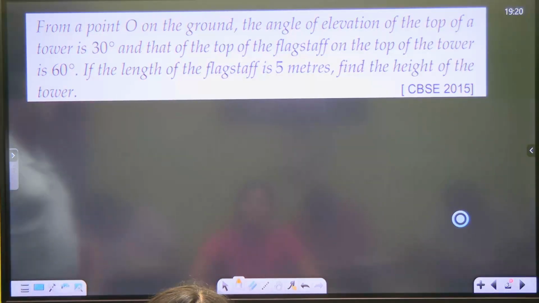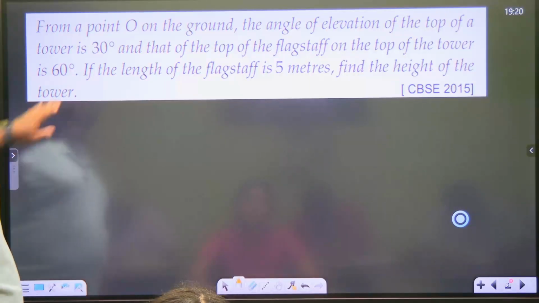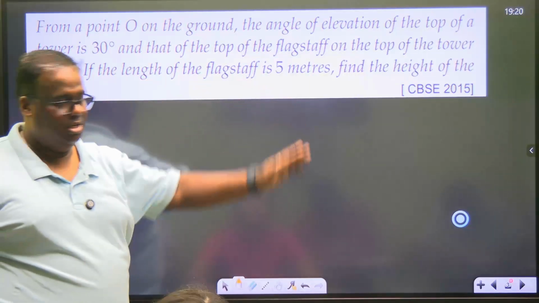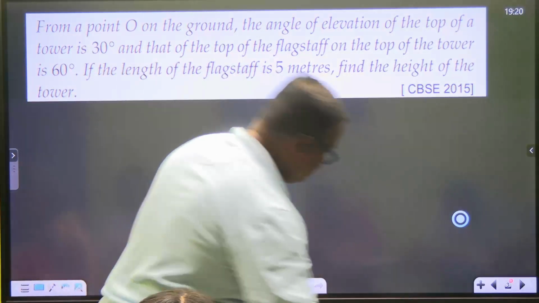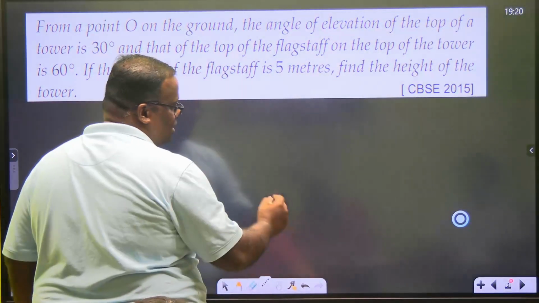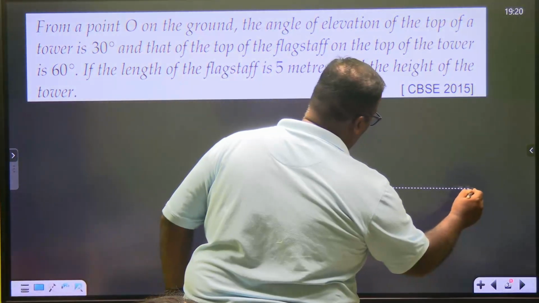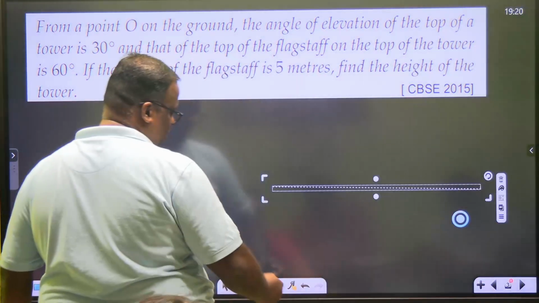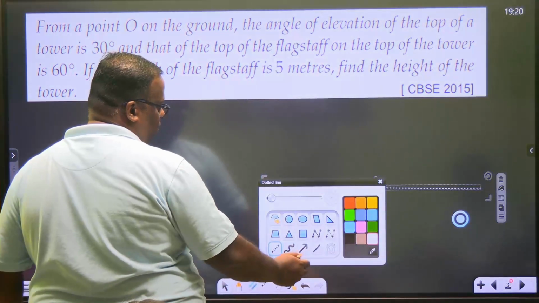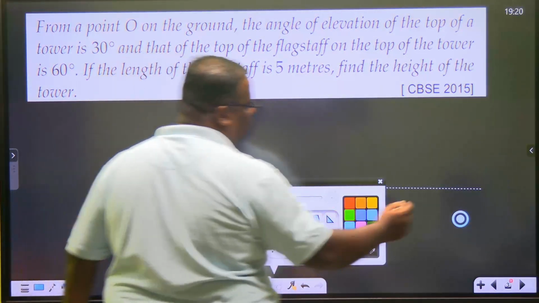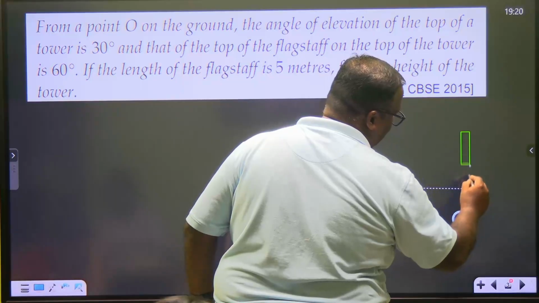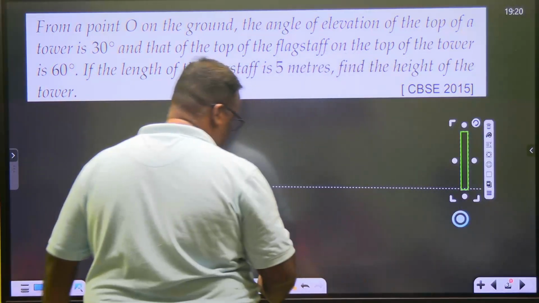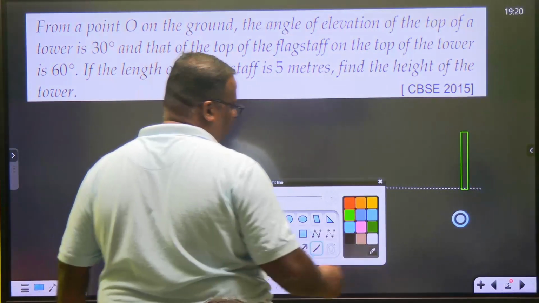The distance is not given. If the length of the flagstaff is 5 meters, shall I slowly try to make it? First, make the ground level always. Right? Once you have made the ground level, all you need to make is your tower. So let's make our tower. This is our tower. On this tower, we also have one flag post.